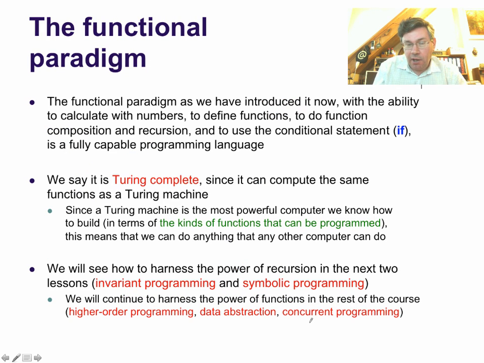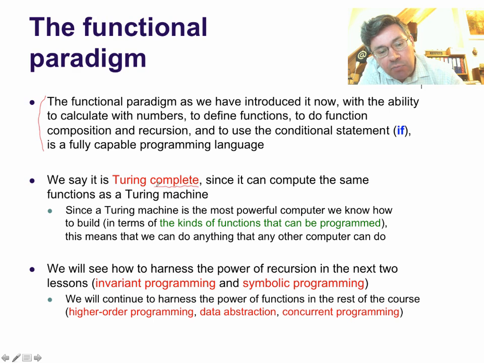So now we have arrived at the complete functional paradigm. What we have arrived at is the ability to calculate with numbers and expressions, to define functions, to do function composition and recursion, and to use a conditional to stop. This is a fully capable programming language. And in fact, we say it is Turing complete, since it computes the same set of functions as a Turing machine.